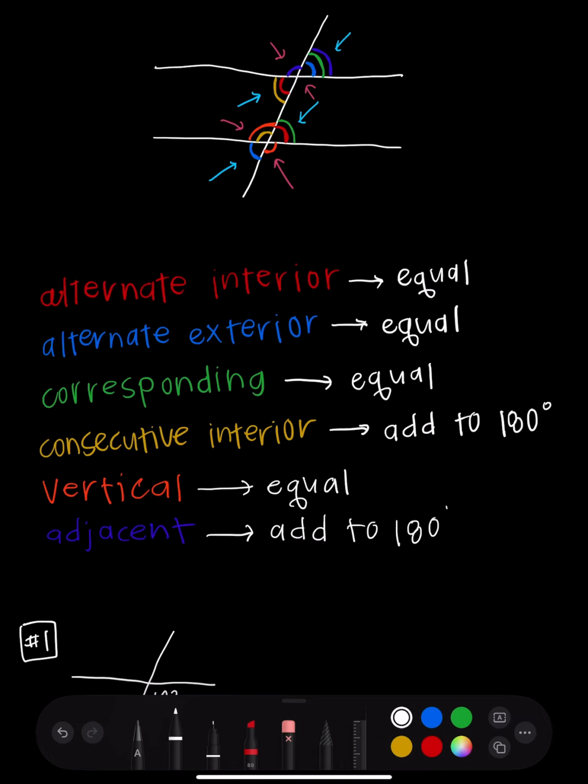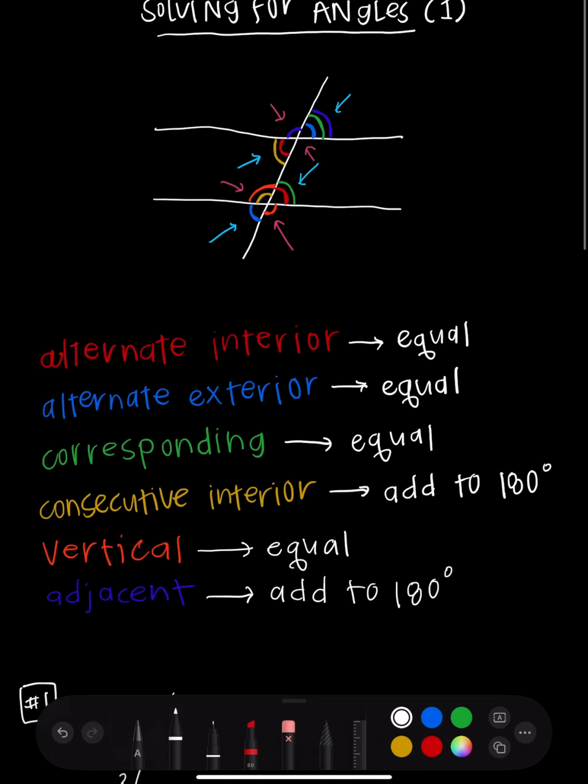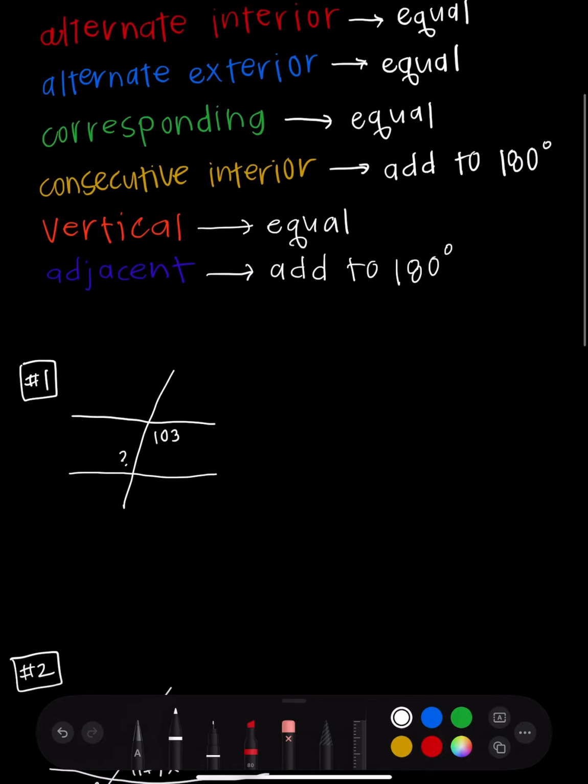degrees. All right, so now that we have all of that, what we can do is use that information to solve for different things. Let's start going through the examples. So the first example, you have, again, your transversal and two parallel lines, and the goal is to find what the question mark is equal to. For the first thing to do on these ones, I think is easiest is to actually name the angle.